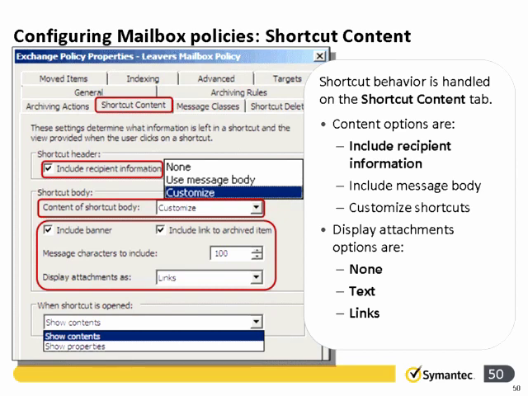And we can also include a link to the archived item. Now, if we're using shortcuts or Virtual Vault, we don't typically need that. When you're using the shortcut, you don't have to actually have a link. The shortcut itself will get you back to the capability of retrieving the message.